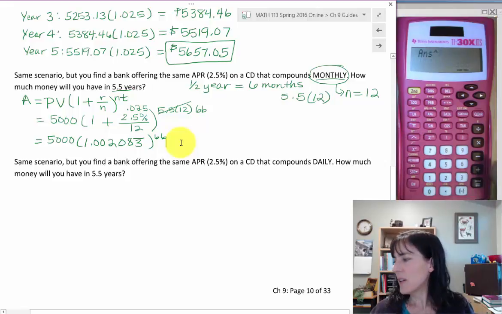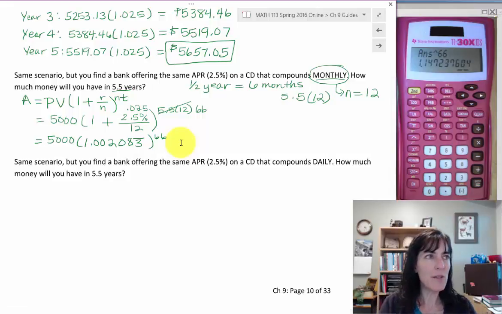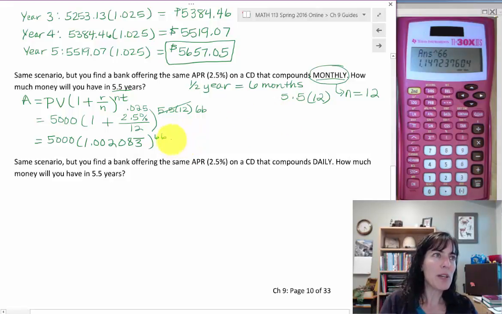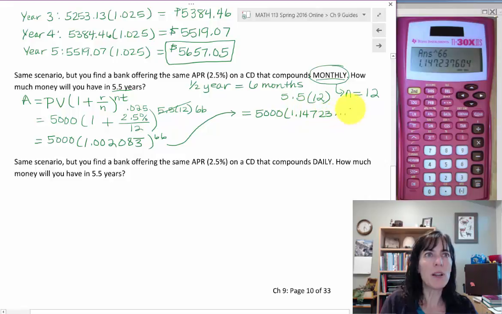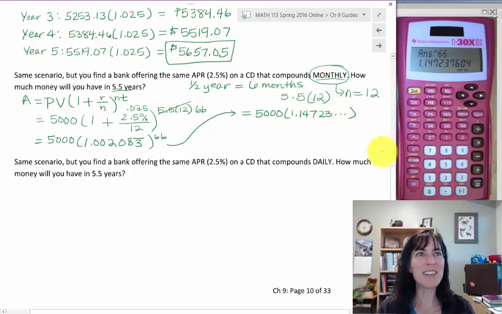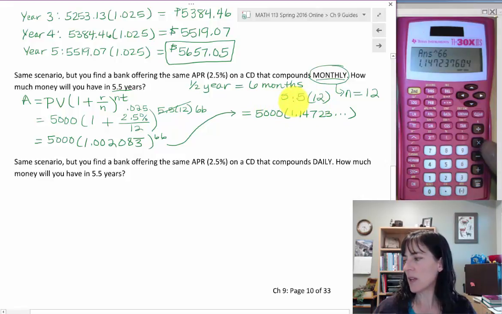To the 66th power equals, and now I've handled the exponent, so that's going to give me, I'm going to just rewrite over here, now my problem is 5,000 times 1.14723, and it goes on and on, so I'm just going to put that dot, dot, dot. But now I'm down to one operation left, and that's the multiply in between the 5,000 and the number in parentheses, so I will do that next.